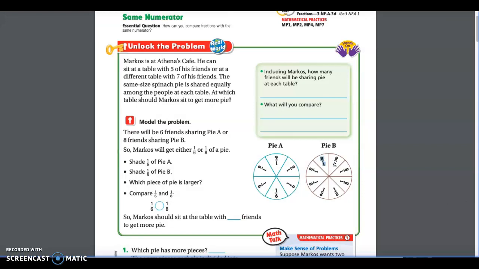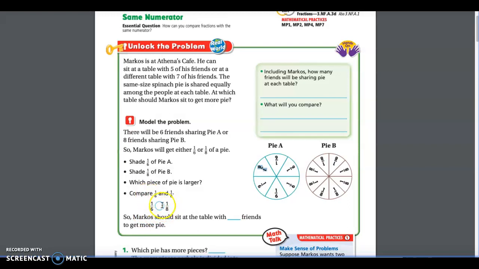Now, which slice is bigger? Is it 1/6 or 1/8? Pie A, right? This slice is bigger than this one. You could tell that this one's a little bit smaller, a little skinnier. So pie A is bigger. So 1/6 is greater than 1/8.